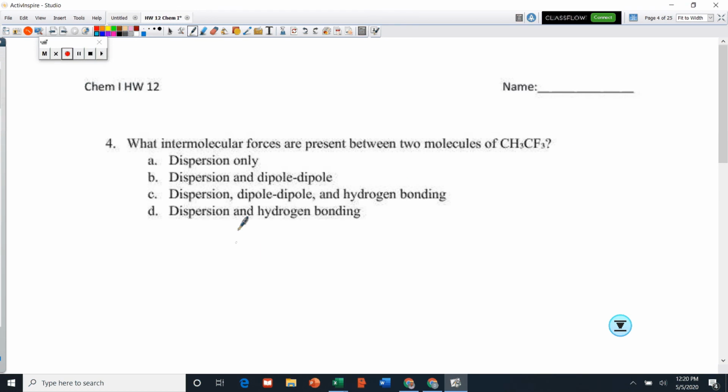What intermolecular forces are present between 2 molecules of CH3CHF? So if I had CH3 again, drawing this structure, CF3. Now, I'm not going to tell you on this one, but you have to decide. So one of the things that I notice immediately is I have hydrogens on this side and fluorines on this side.